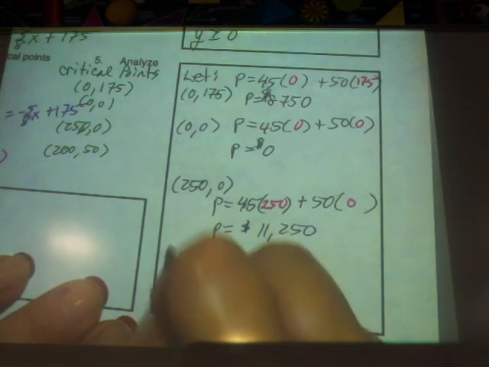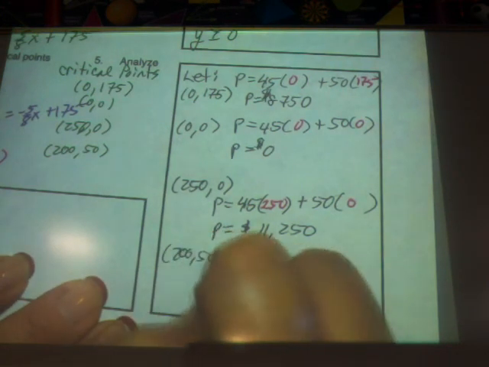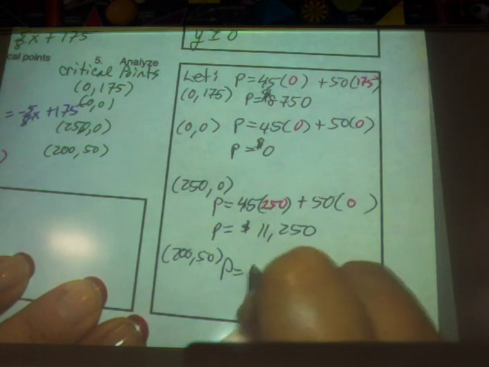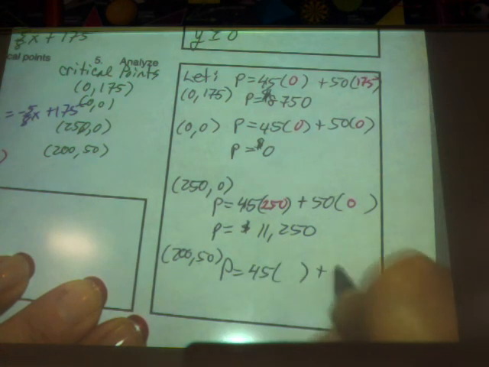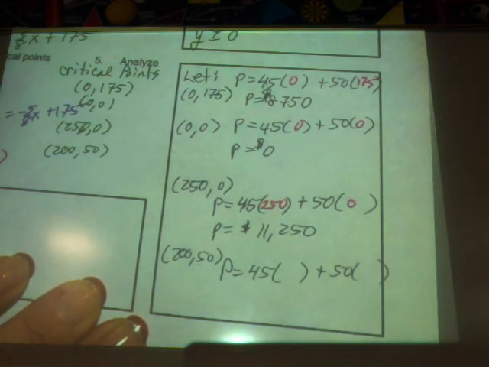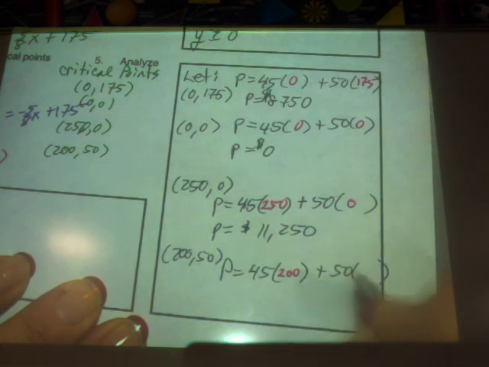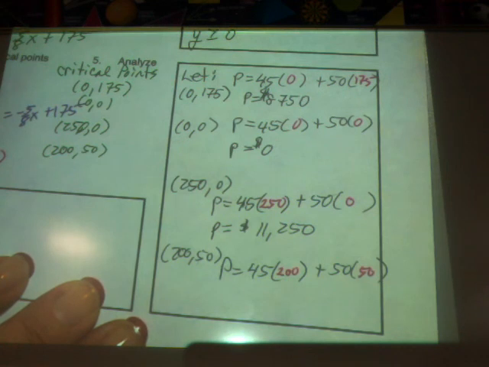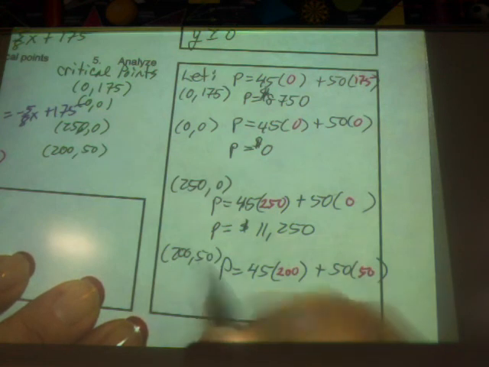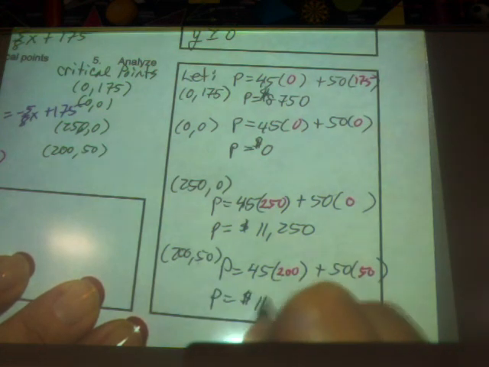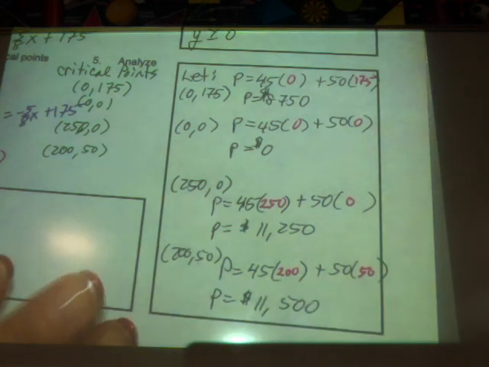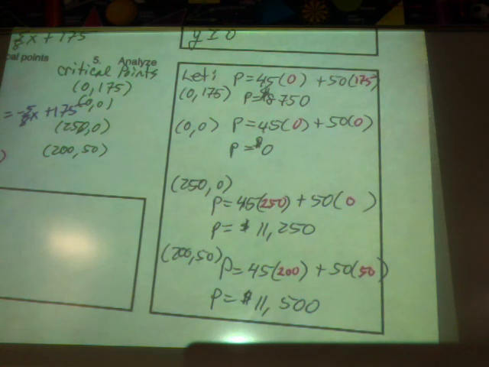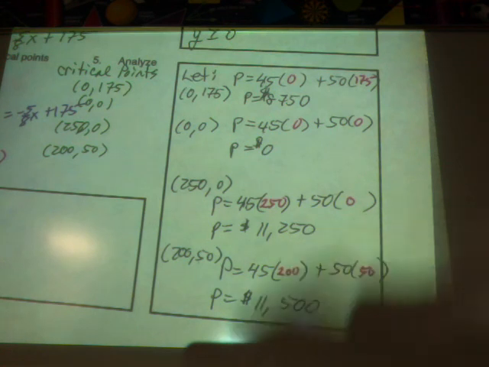We're going to let it be 200 and then 50. So I've got 200 and then 50. What do we get now? I got slightly more profit, didn't I? So therefore, what's your maximum profit?